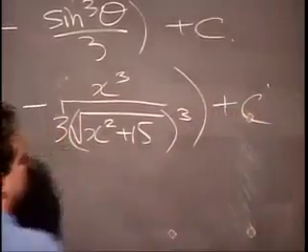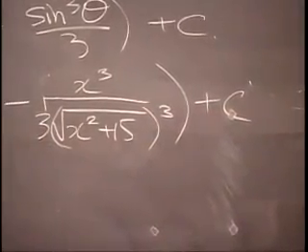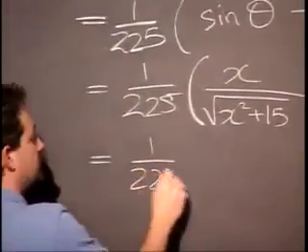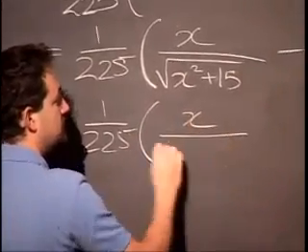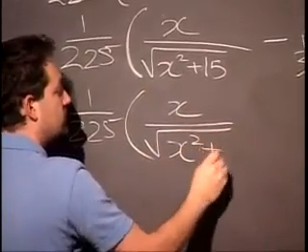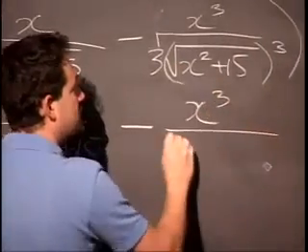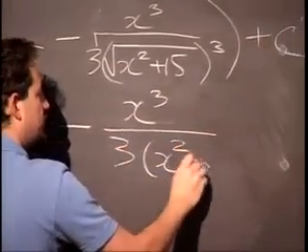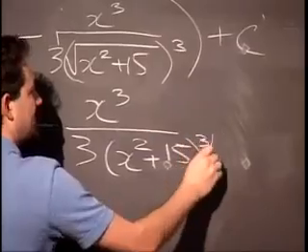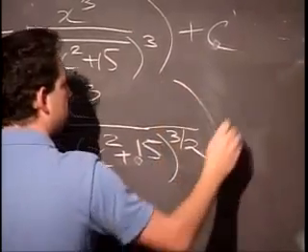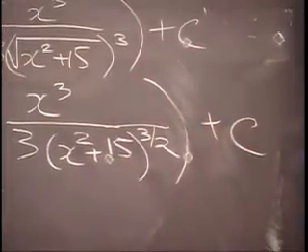That's okay. But I think we can be a little cleaner about it and write the first term as it was, and this as x cubed over 3 times x squared plus 15 to the 3 halves power, plus a constant.